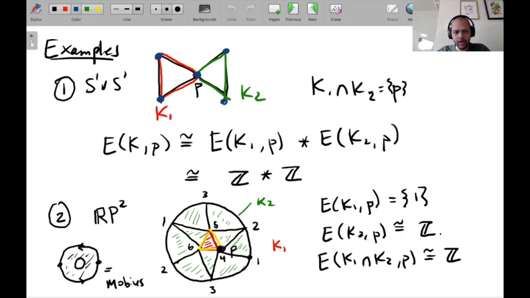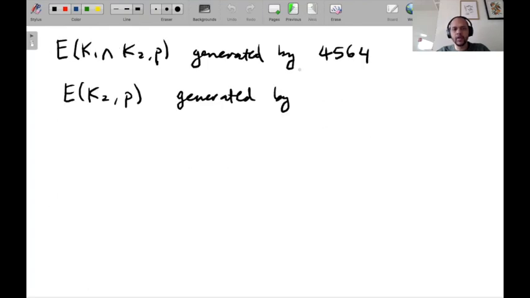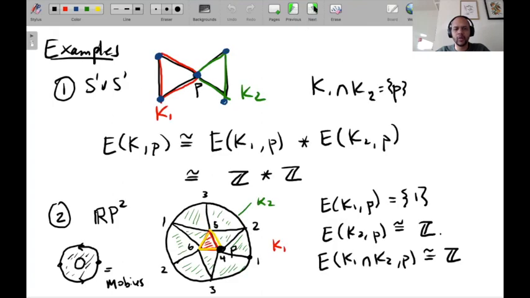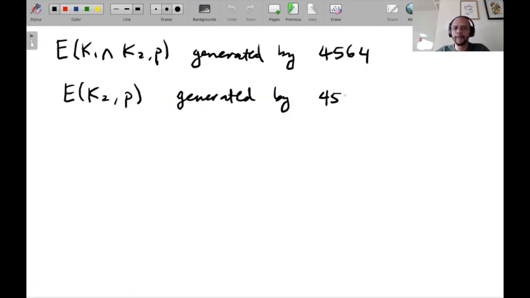And for a generator, you could take, I believe, 4, 5, 1, 4.